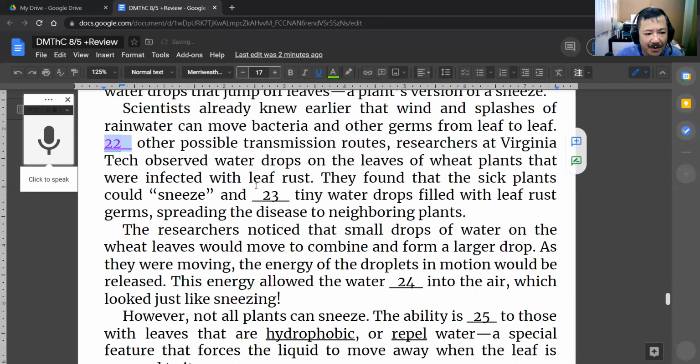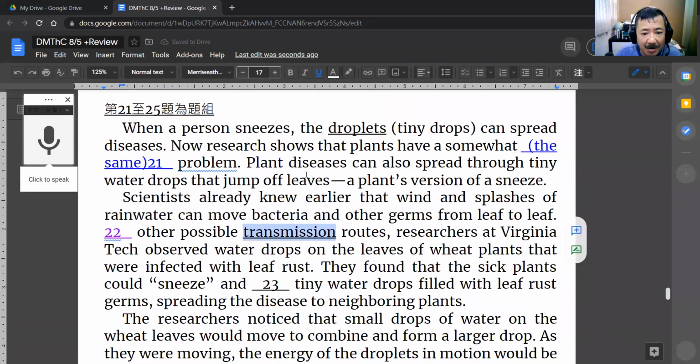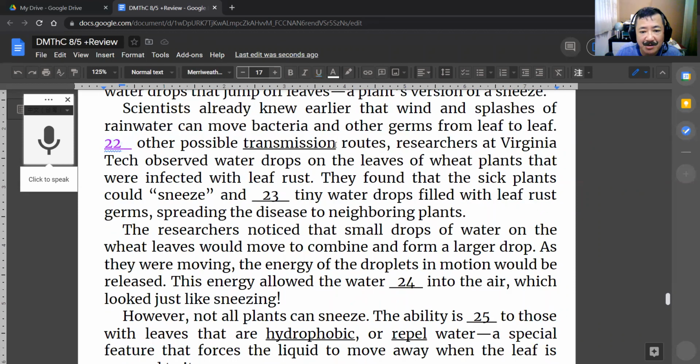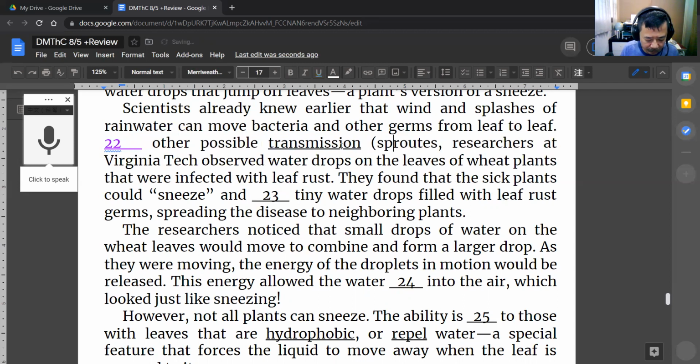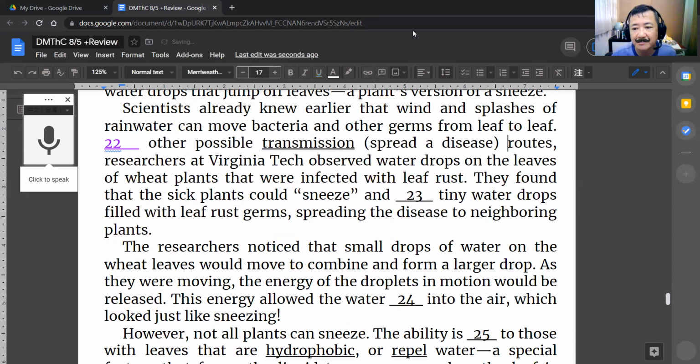We're looking for something that probably means to find other possible transmission routes. Transmission means spread, right? The word spread can mean 传染, but transmission just means spread, like spread a disease.